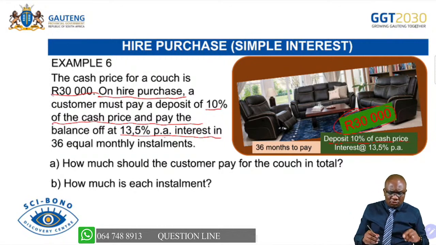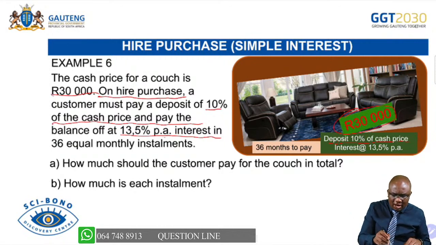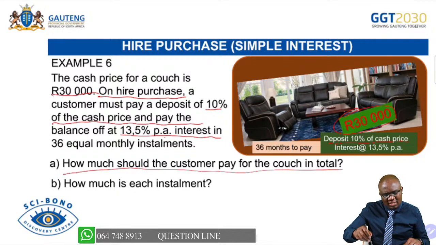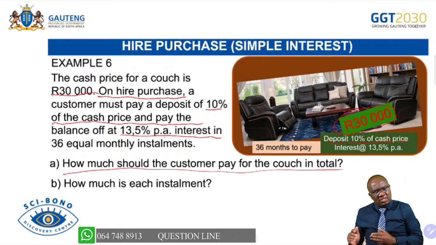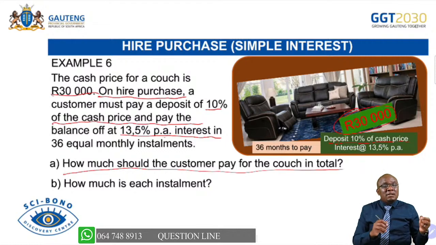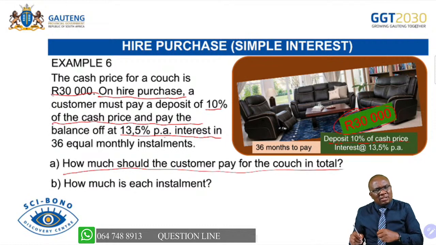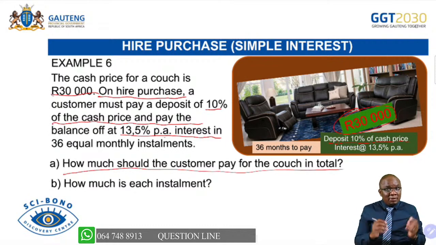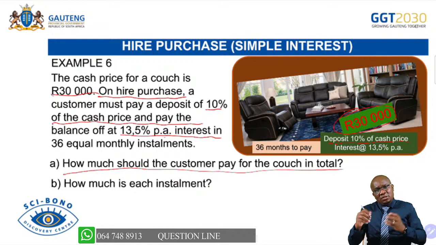Okay, let's go to question A. How much should the customer pay for the couch in total? It's a bit of a multi-step question here. You have to calculate the loan amount first and then add interest to that loan amount.